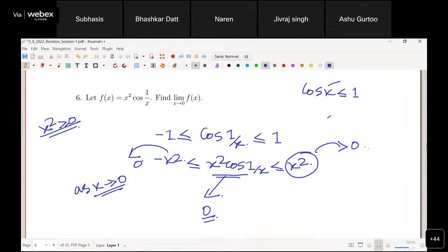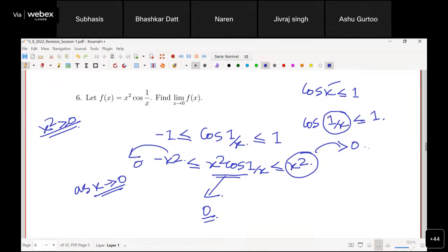So if you take 1 by x, then that is also a real number. So cos 1 by x will also be less than or equal to 1, because I'm just changing some notation. I'm not changing the function, I'm just changing the notation. Yes.